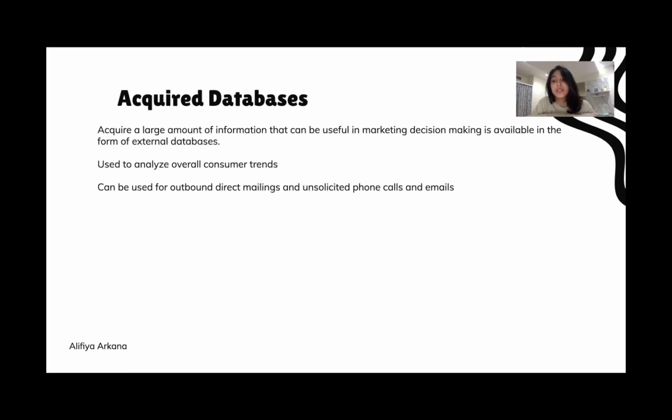Firms may acquire these databases from any number of sources. For example, some companies are willing to sell their customer database to non-competing firms, or there are government databases, or many more databases.